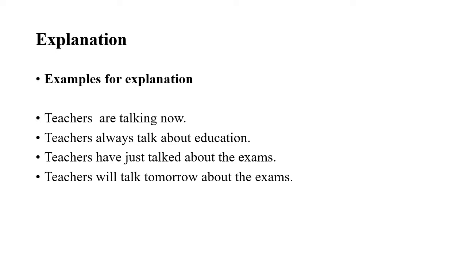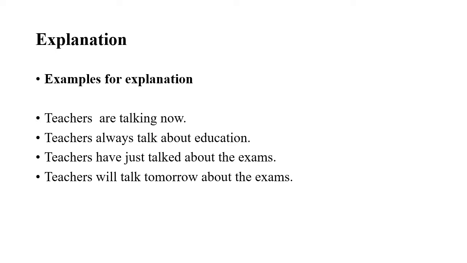In both cases, the activity happened. In the case of past simple tense, the activity happened and finished. But in present perfect, the activity happened but not totally finished. There is a result. I mean, there is something that connects the present with the past.